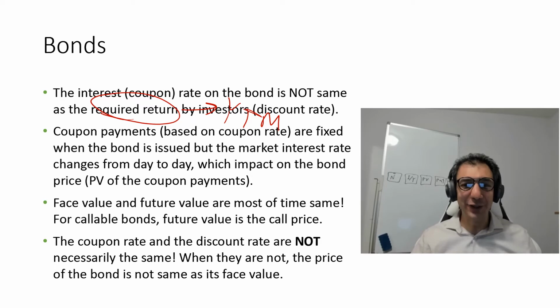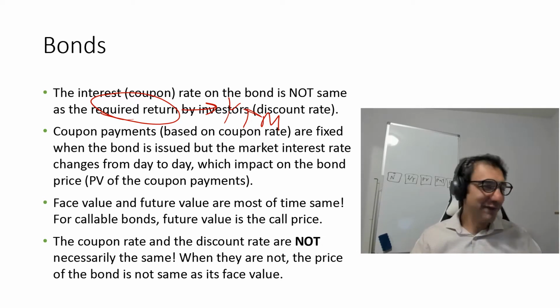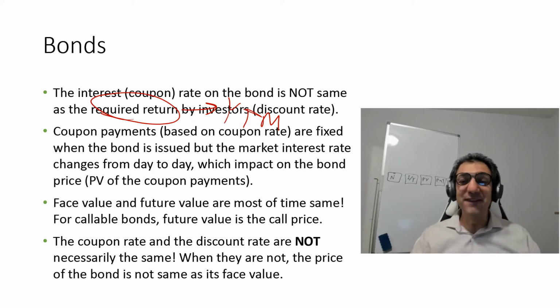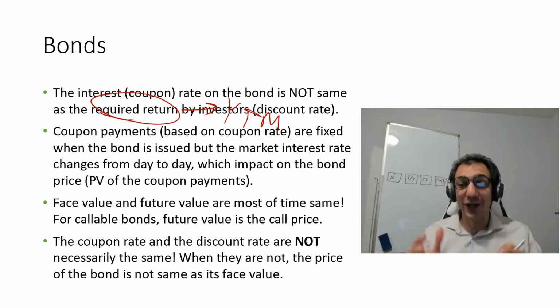I mentioned several times regarding FV in your calculator. You see that FV, we talk about the future value. The face value of the bond also is FV, but the concept, the notion is different here. The face value is how much you will receive at the expiry date, and the future value is the money you will receive in the future. Most of the time, these are the same.